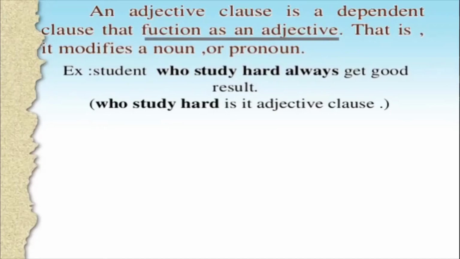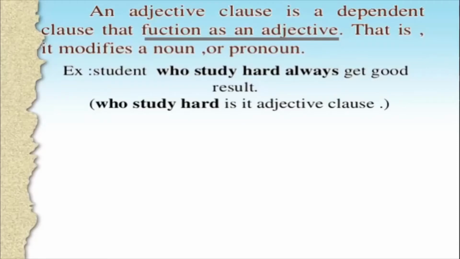Very important. Remember this. Now what is an adjective? An adjective modifies the noun or the pronoun. Modifies means it gives more meaning to the noun or the pronoun. Just keep this in your mind. When I give you the examples, it will be very clear to you.